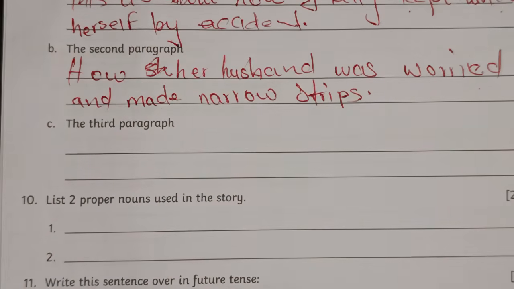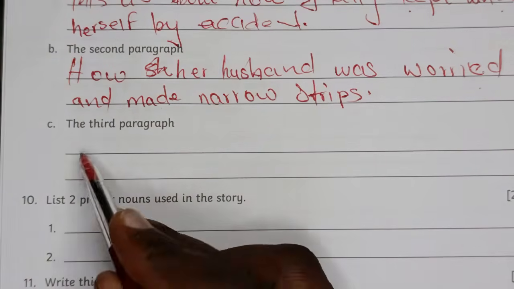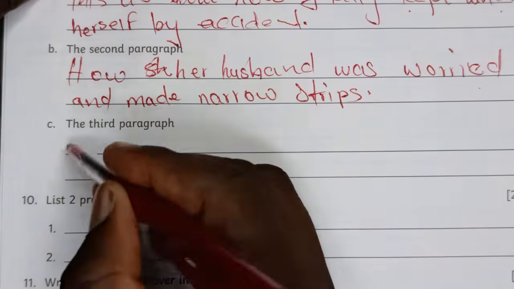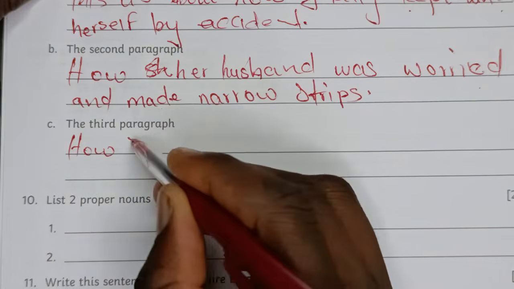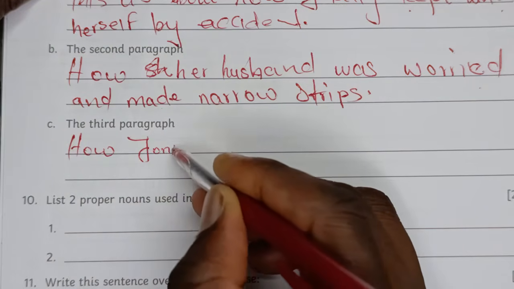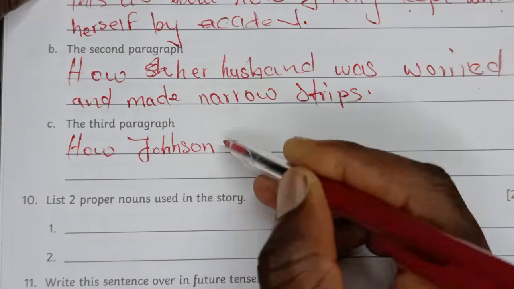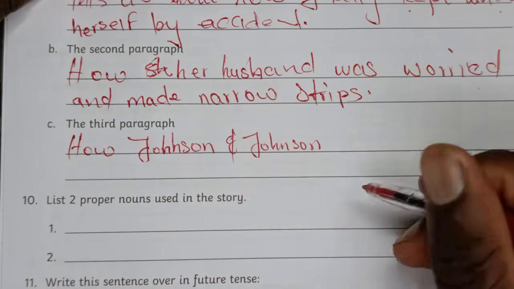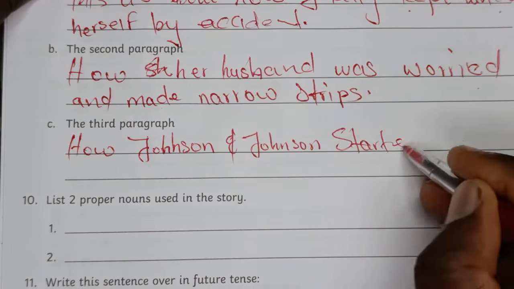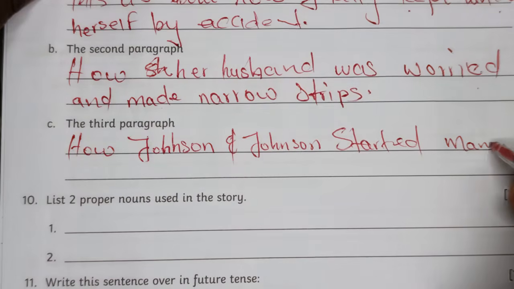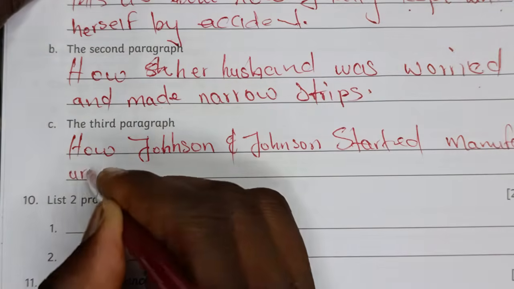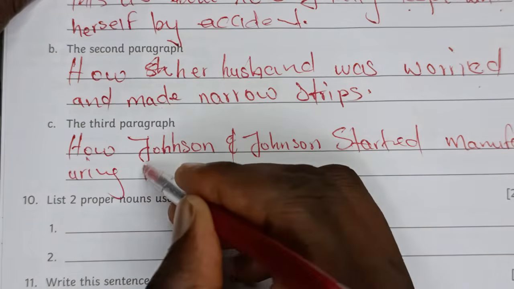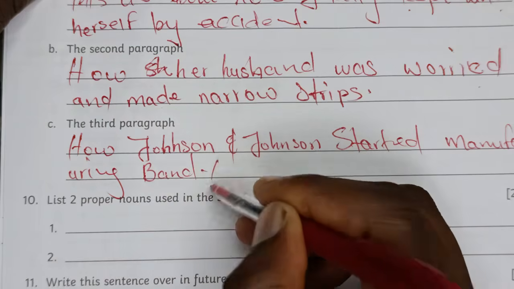So let's go to the third paragraph. The third paragraph tells us how Johnson and Johnson started manufacturing band-aids.